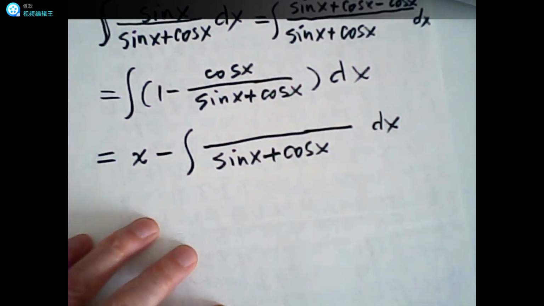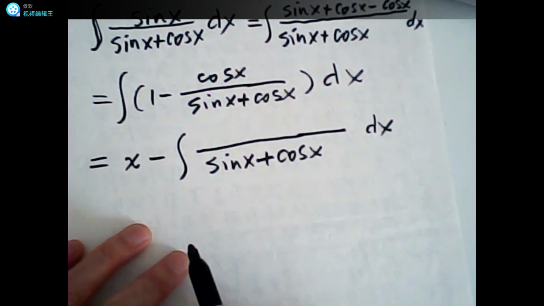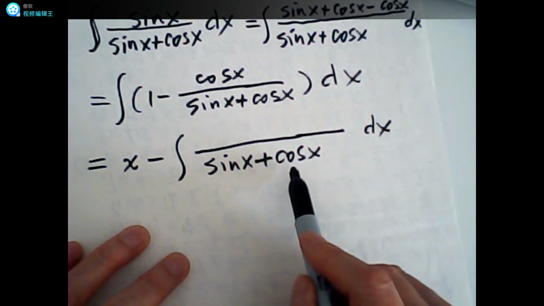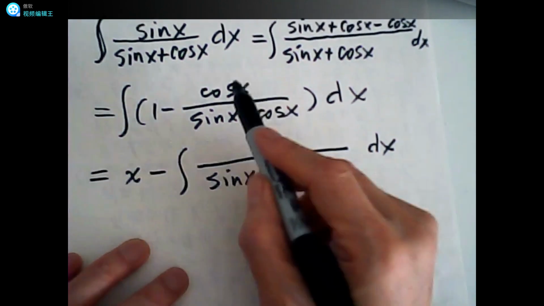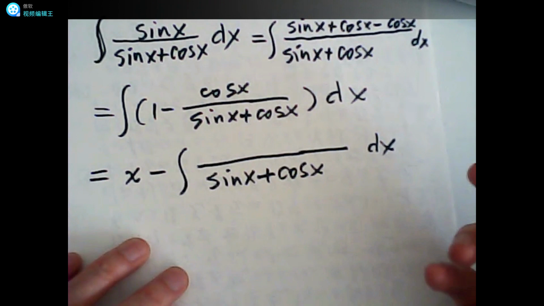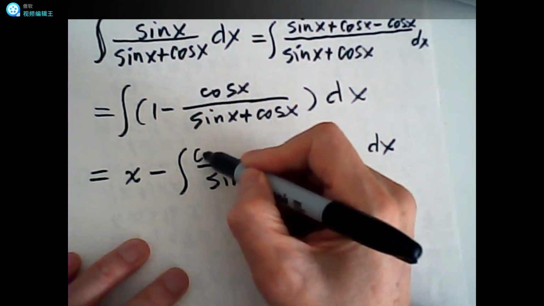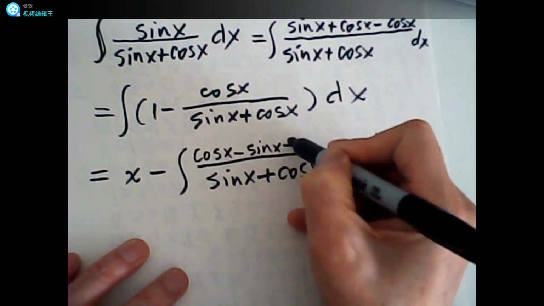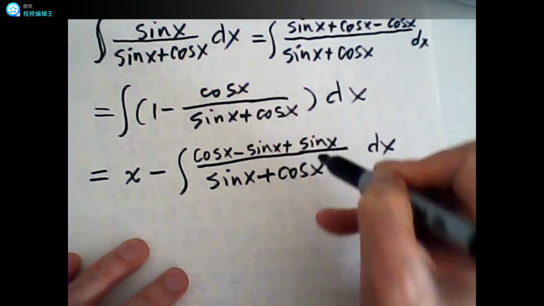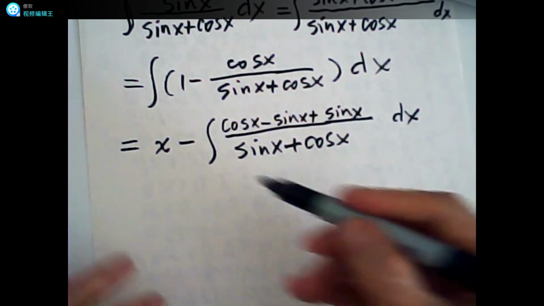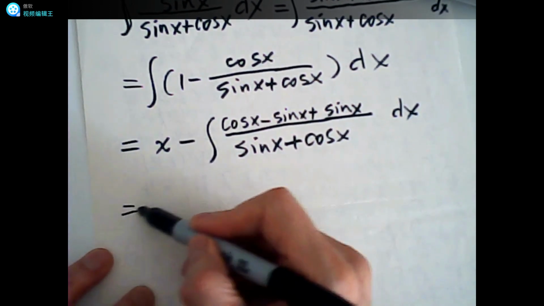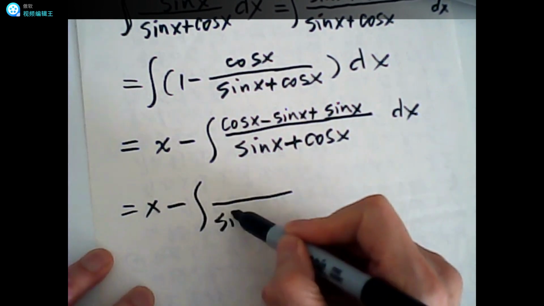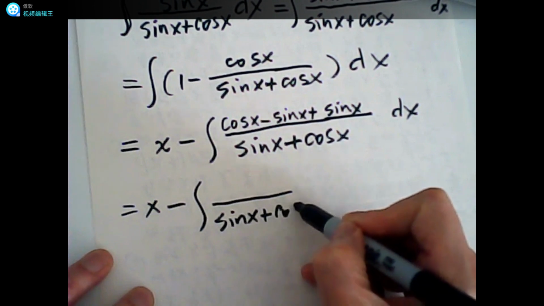The denominator derivative will be cosine minus sine. This derivative is cosine, this derivative is minus sine. Now, I do have cosine, I don't have a negative sign. So I just put sine x, negative sign, and the plus sign. See? Still equal, right? So this one is equal to x minus, this is sine x plus cosine x.